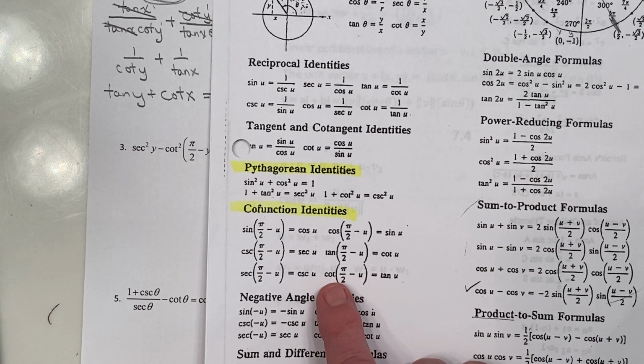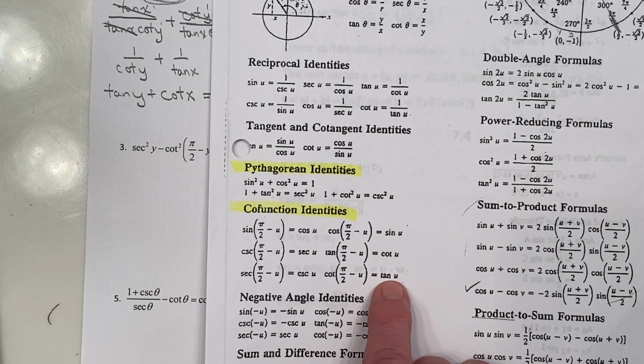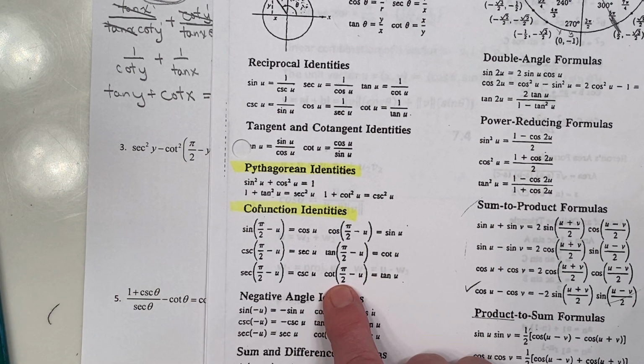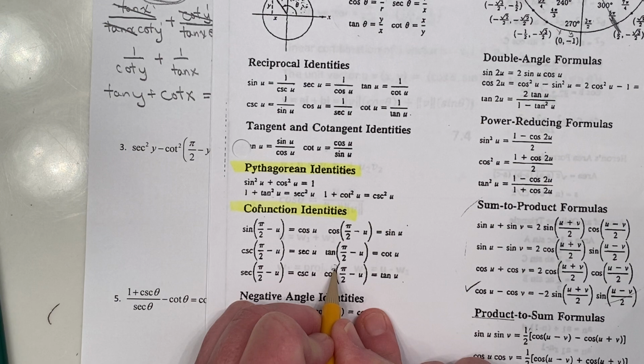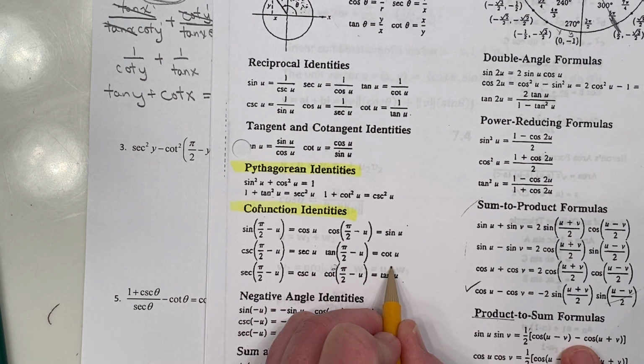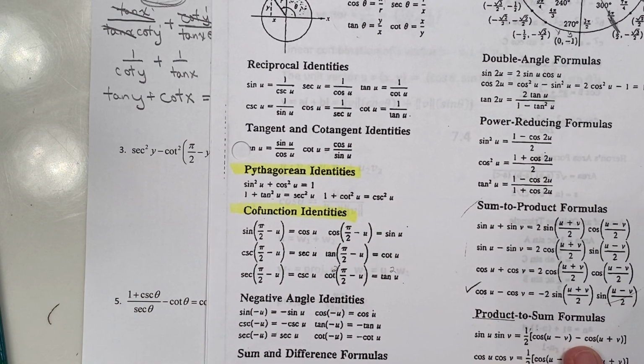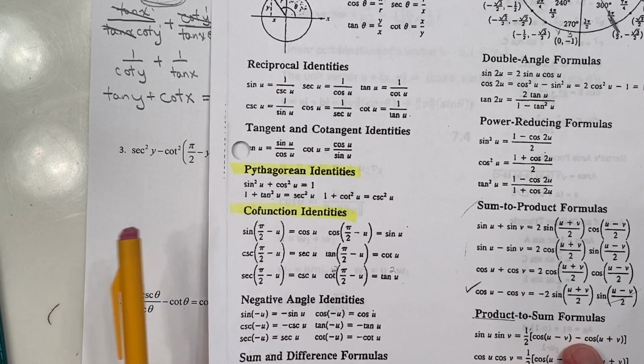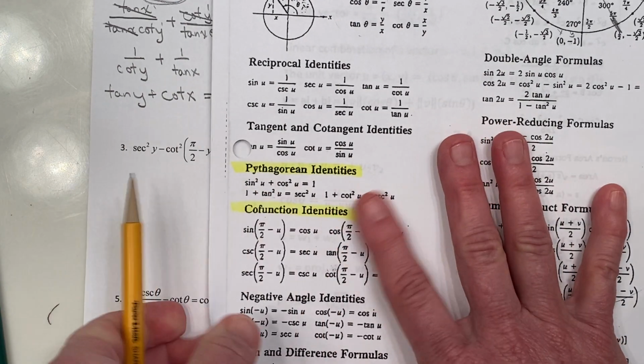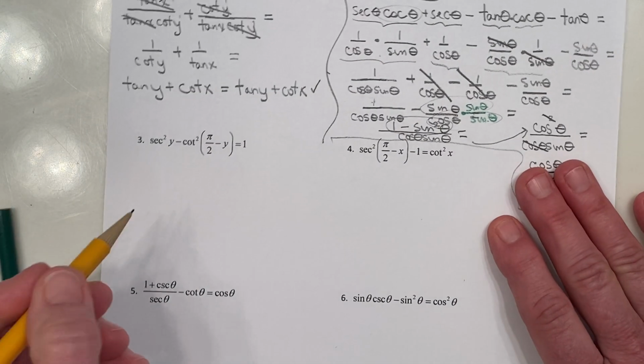All right, and I know that one of them is equal to tangent of u. So what if I made this cotangent squared? Would that allow me to come over here and say that that's equivalent to tangent squared? Yeah, because if you think about what we have here, let's just write it out.